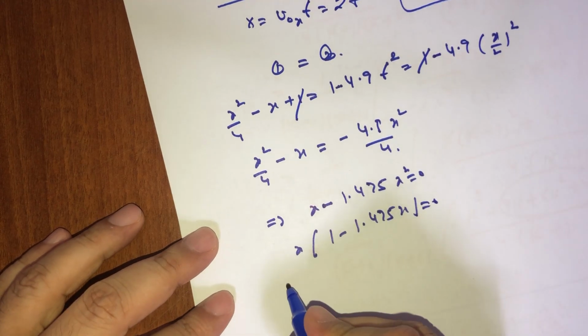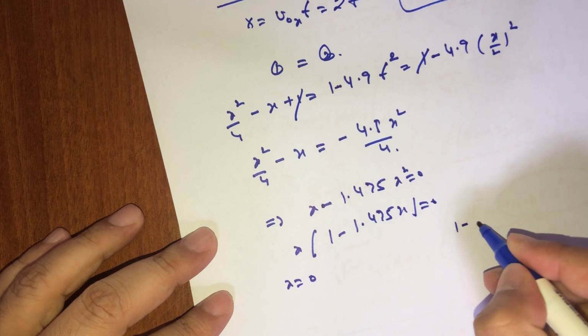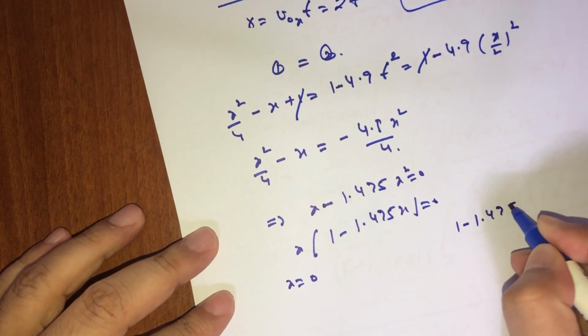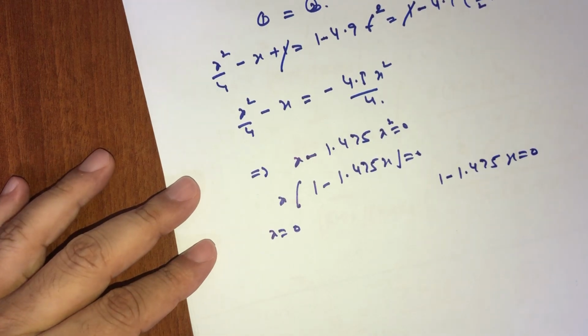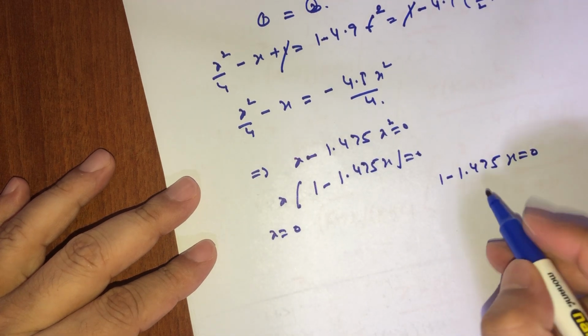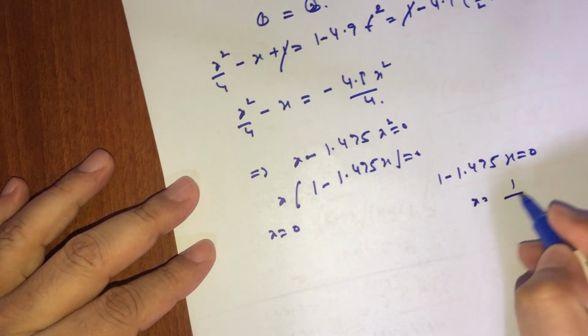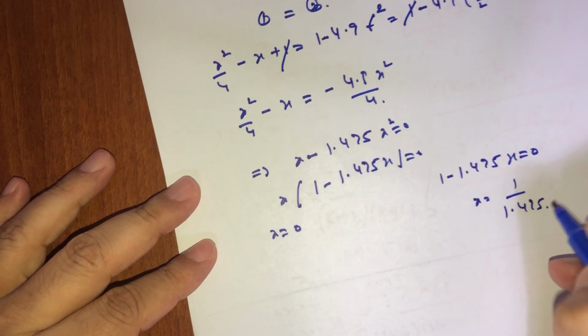So we get either x equal to 0, or 1 minus 1.475 x is equal to 0. So from here we get x is equal to 1 upon 1.475.